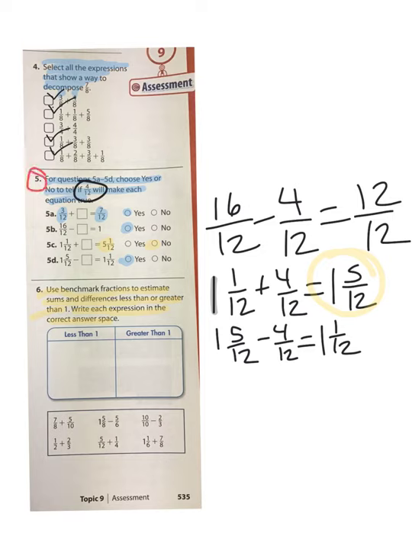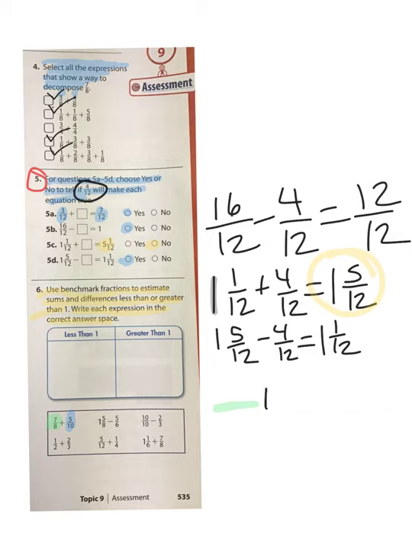Okay, number 6. So we have to figure out if it's going to be less than 1 or greater than 1. Remember, using our benchmark fractions. So let's look at this first one. The first one that we have is 7/8. Well, I know 7/8 is close to 1, and I know that 5/10 is close to a half. The ones that are close to 1, I'm going to highlight in green.